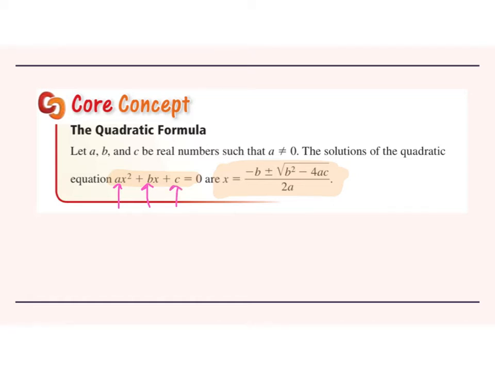And then we take our a, b, and c and plug them into this handy dandy formula. So our formula is negative b plus or minus the square root of b squared minus 4ac over 2a. So all we're doing is taking our a, b, and c and plugging them into the formula, and that'll help us find the solutions to the quadratic equation.